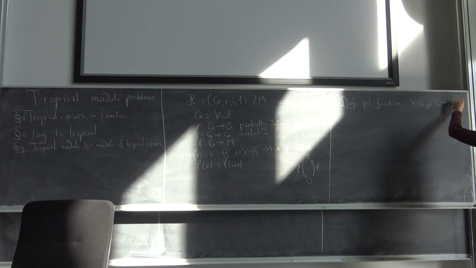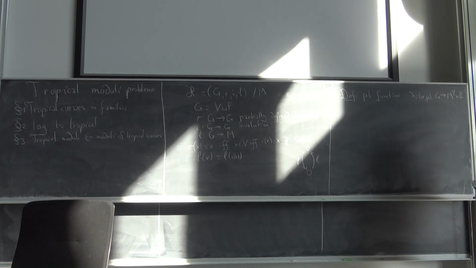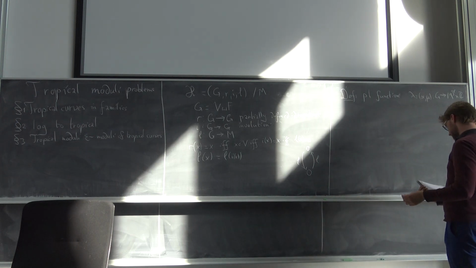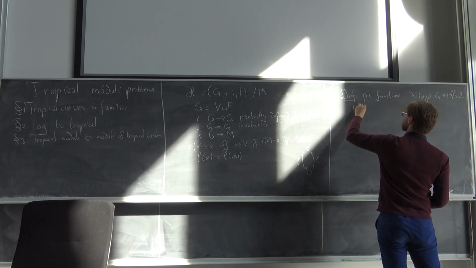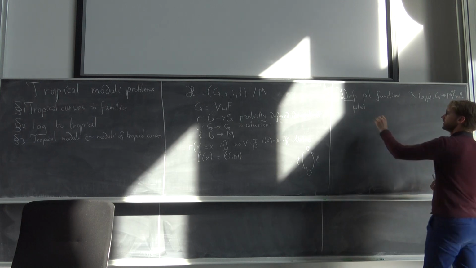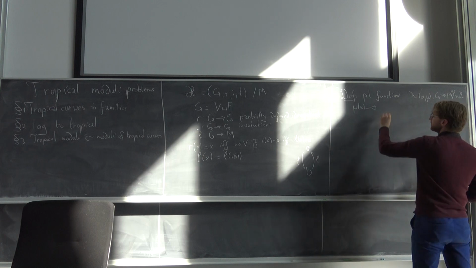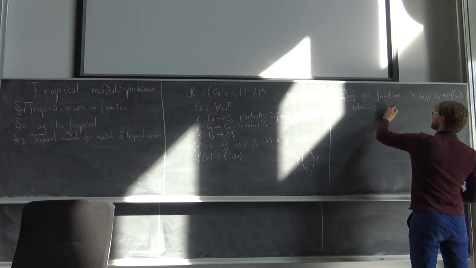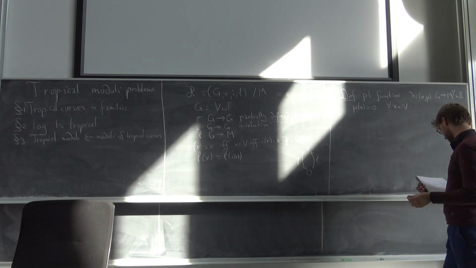The second component goes to the integers. And this is because we want all piecewise linear functions to have integer slope. Of course, the slope on a vertex doesn't really make sense, so we want the slope to be 0 there for all vertices.